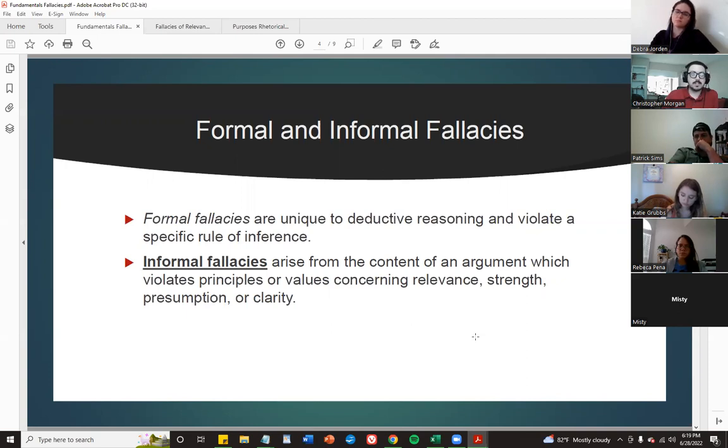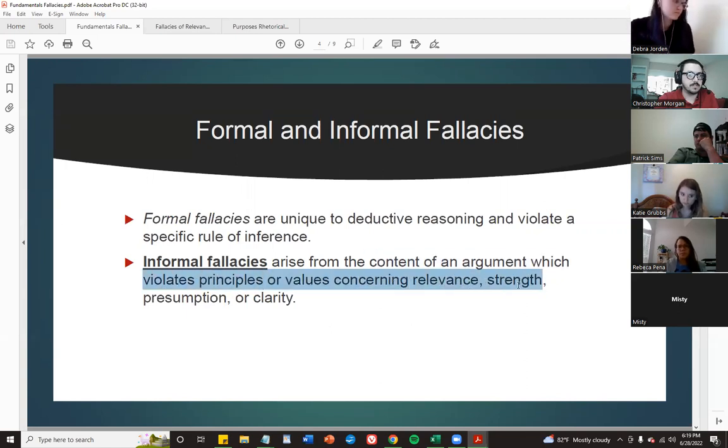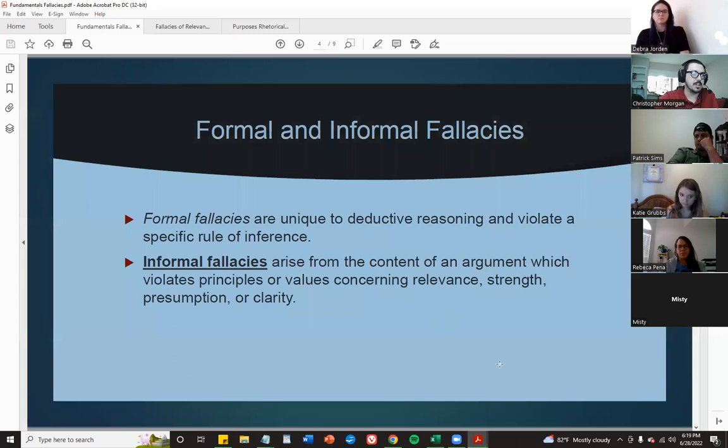We might actually disagree about whether or not a particular set of language actually contains a fallacy. Two people can look at the same argument and one can come away saying this is absolutely fallacious, and the other one could say that you're absolutely bananas. So it kind of depends on a couple of factors. But generally, informal fallacies are violating values concerning relevance, strength, presumption, and clarity.